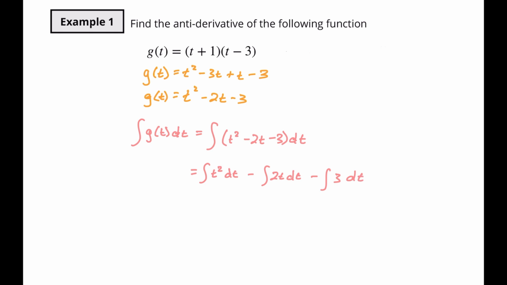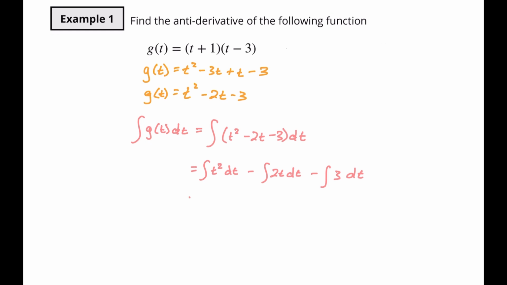So now we get to use all the different rules that we've been working on in this whole video. So the integral of t squared, 1 over 2 plus 1 times t to the 2 plus 1 power, minus what we said, we're going to take 2 times the integral of t. This is t to the first power, so it's going to be 2 times 1 over 1 plus 1 t to the 1 plus 1 power, minus 3.